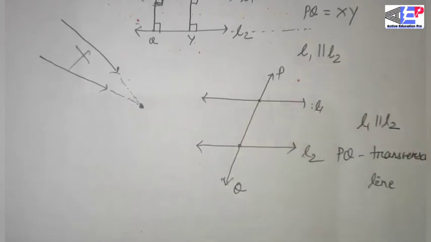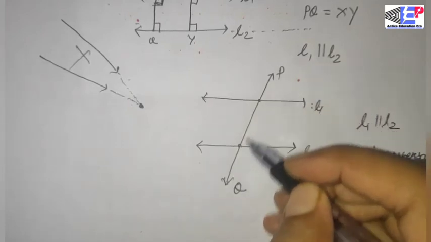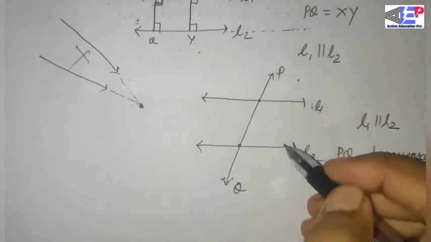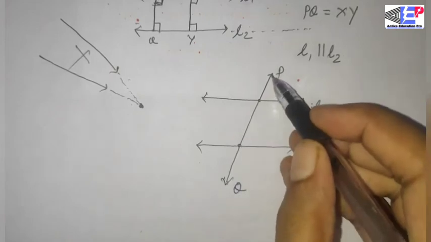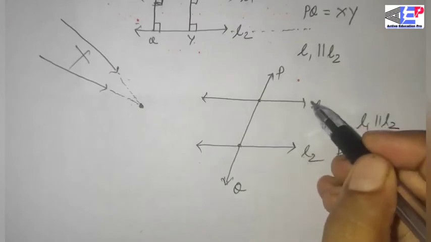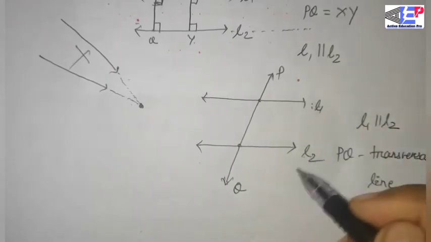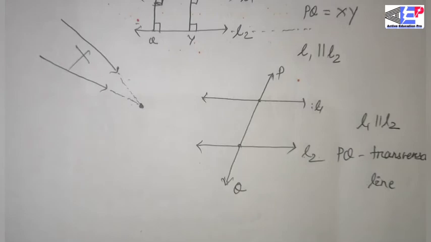So PQ is the transversal line which intersects the parallel lines. PQ is the intersecting line which intersects both L1 and L2.